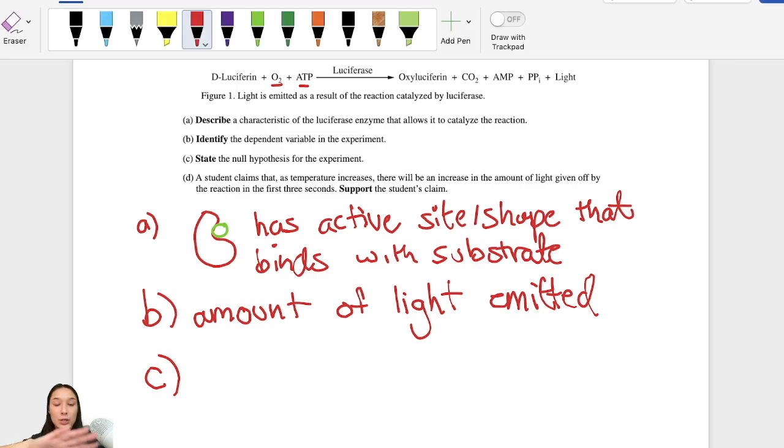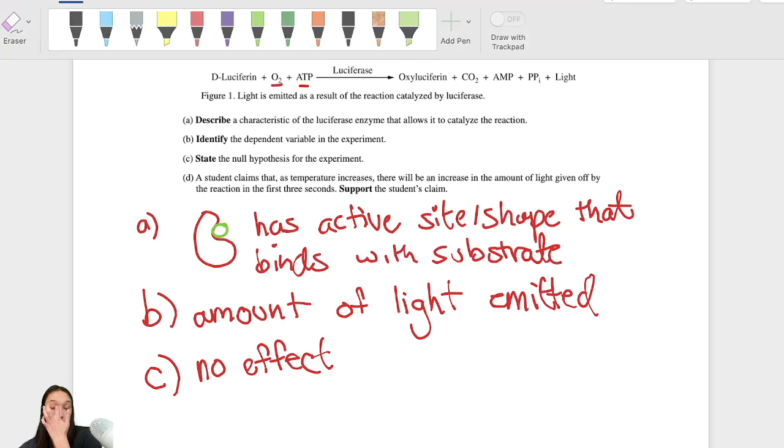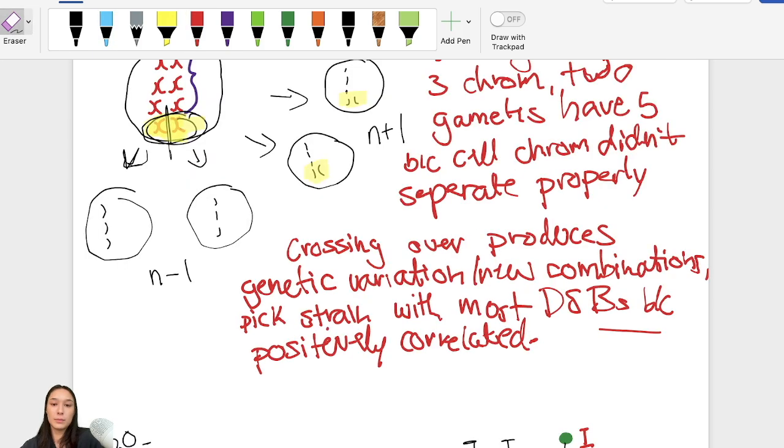So you state that as the null hypothesis, that there is no effect. And you should be specific. Don't just put no effect.